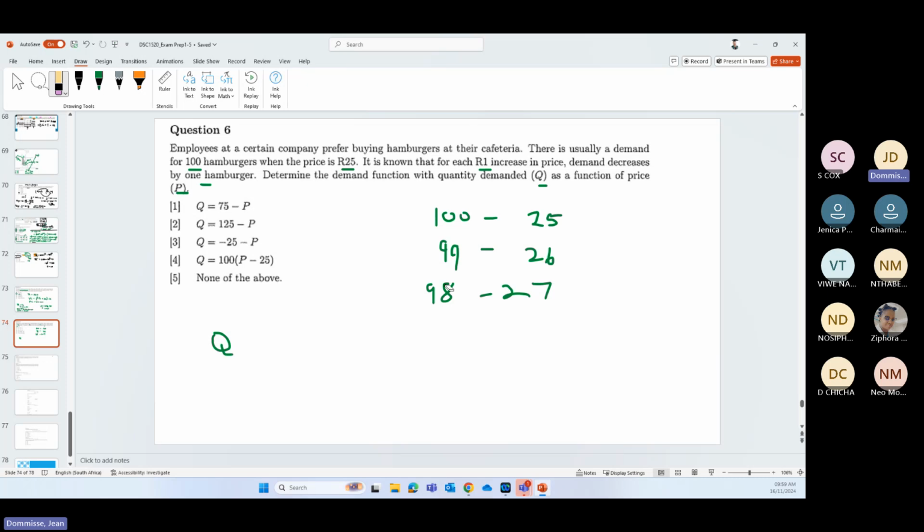Because your quantity, if it's 25, 25 minus 25 is 0, 0 times 100 is 0. Determine the demand function. Okay, so it's not saying with the increase or decrease, so we need to get to the answer. So what would you guys have done in this exam?